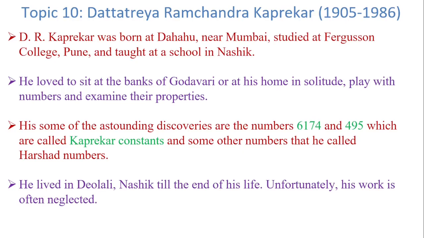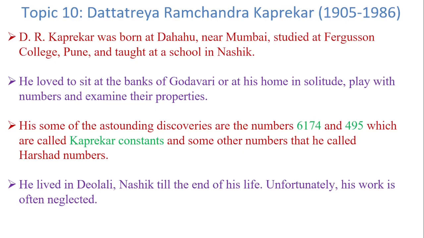Dattatreya Kaprekar, and we have included him in this presentation because Kaprekar was a resident of Nashik. Although he was born at Dahanu, he studied at Ferguson College, Pune, and then moved to Nashik, and he worked as a school teacher in Nashik, and he resided in Nashik till the end.